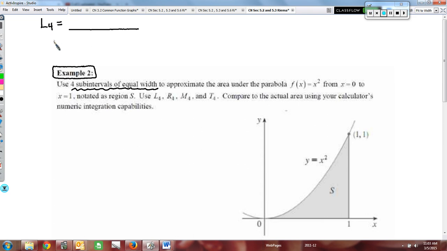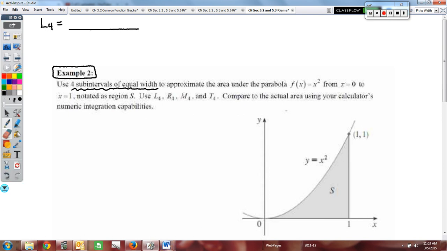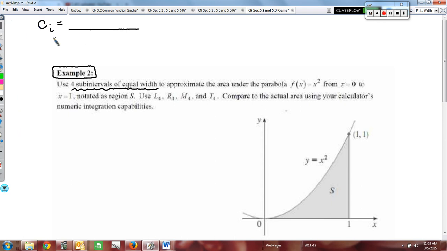So we want a formula on how to find the left endpoints. In other words, what is your, maybe I should say, c sub i. What's a formula for c sub i if you are going to do the left? Give me a formula for c sub i when you're doing the right for this problem.